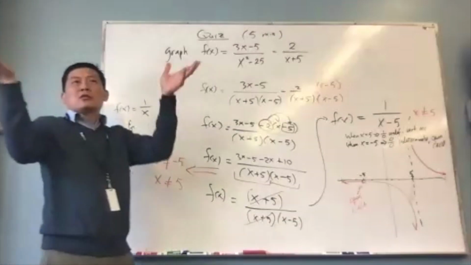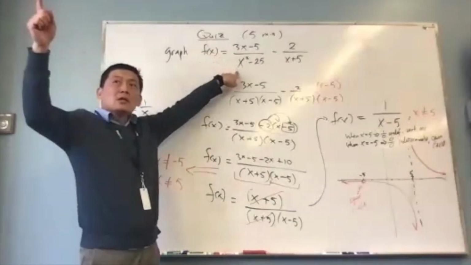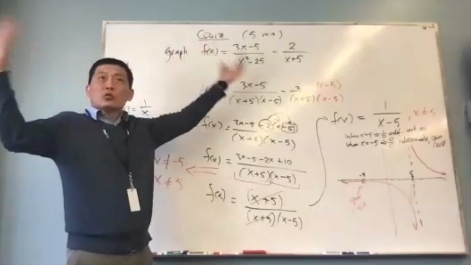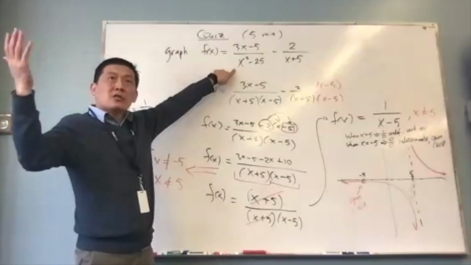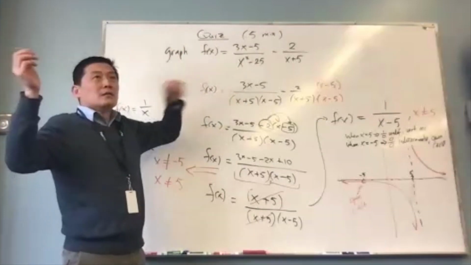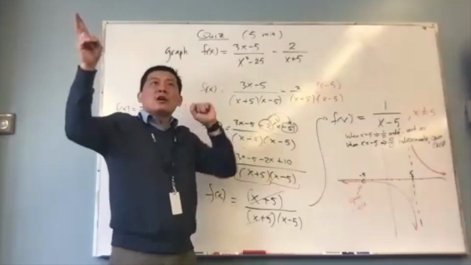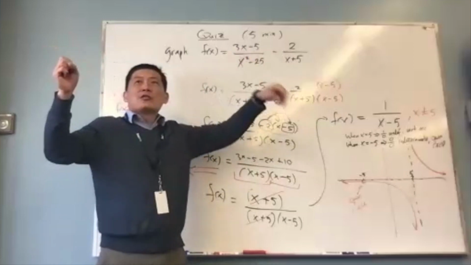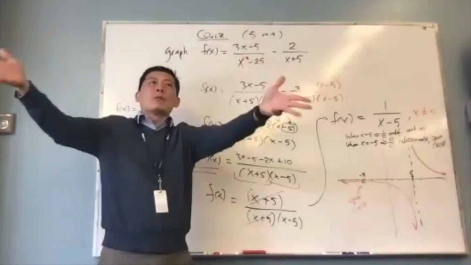So the question is, how do you simplify? Immediately you should recognize some of the tools you learned before. In this case, x squared minus 25, so you can factor it out. Then the second thing is you say, okay, I have two fractions, I must use a common denominator.